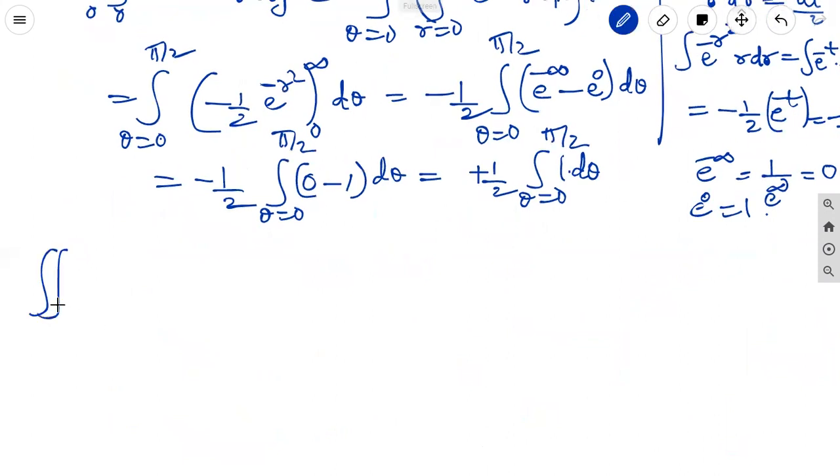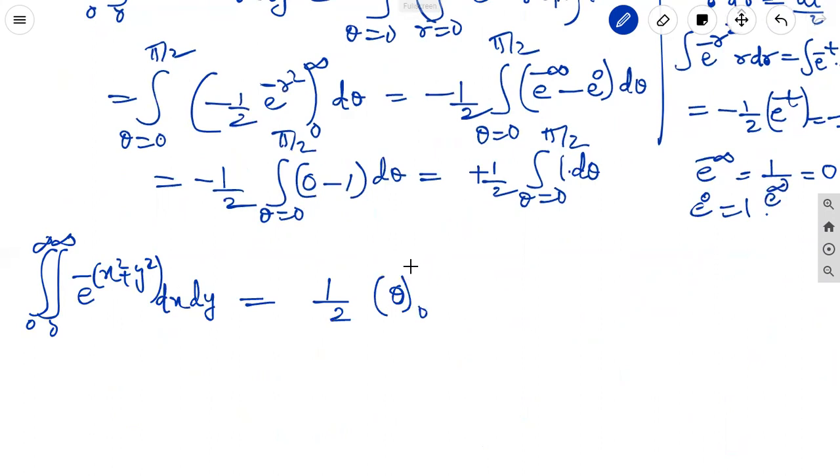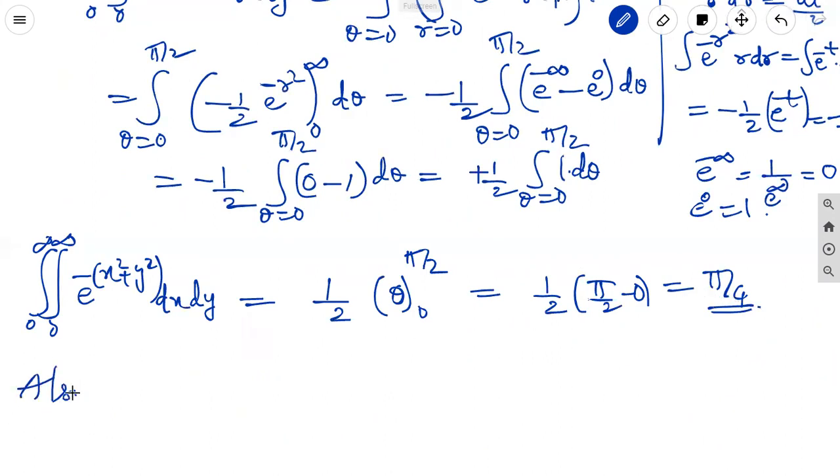So double integral 0 to infinity e power minus of x square plus y square dx dy is equal to 1 by 2 theta limits from 0 to pi by 2. It is equal to 1 by 2 into pi by 2 minus 0, equal to pi by 4, is the answer. Okay.